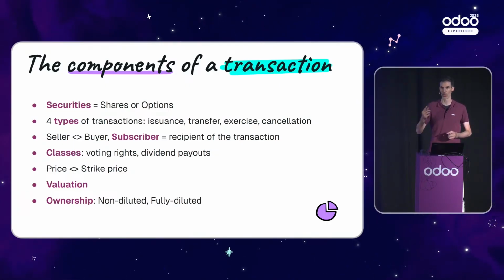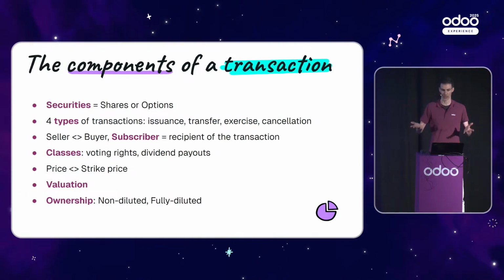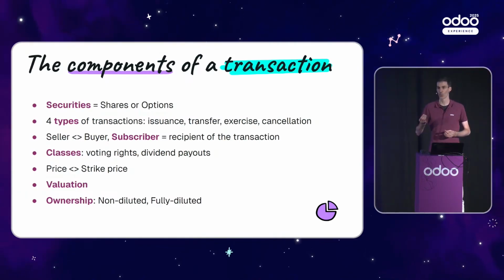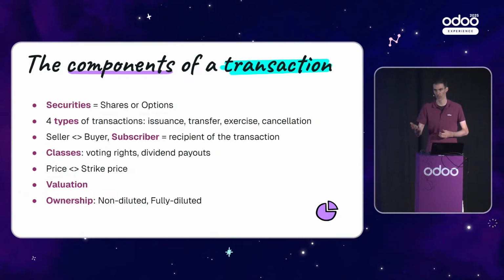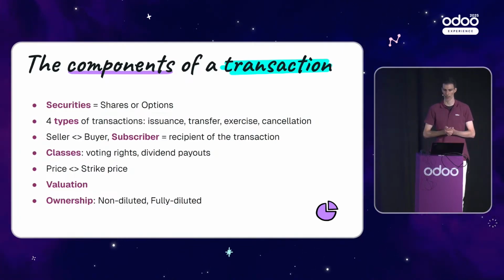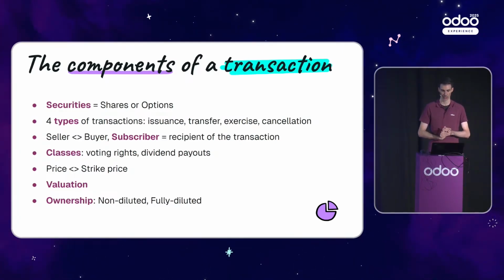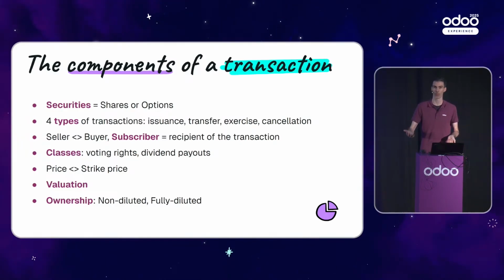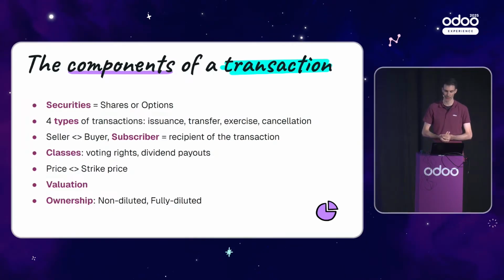There's only one person or one entity involved. And in that case, we'll call that entity a subscriber. So for example, if someone exercises options, we'll say that this person is a subscriber. Essentially, the subscriber is the recipient of the transaction at hand.